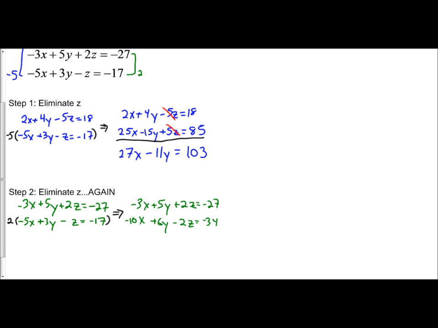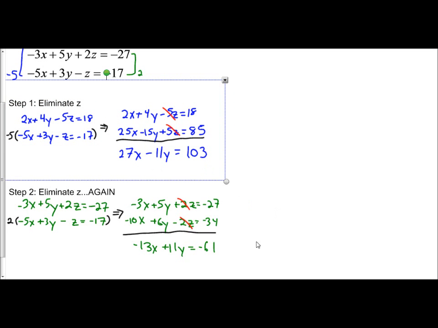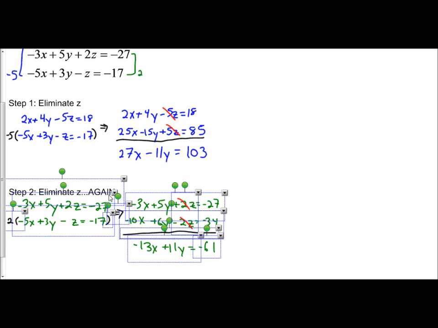I have my opposites, so I can add the columns together. 2z and negative 2z will cancel. Negative 3x and negative 10x is negative 13x. 5y and 6y is plus 11y. And negative 27 and negative 34 is negative 61. So I have my first equation with two variables. I have my second equation with two variables.